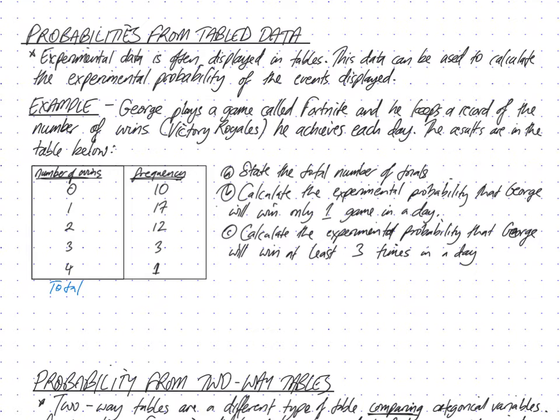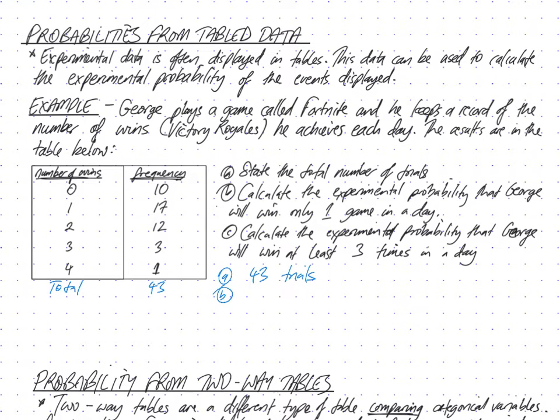So you're adding the frequencies together to get a total frequency of 43. Okay? So there was 43 days of trials basically. So A, 43 trials.